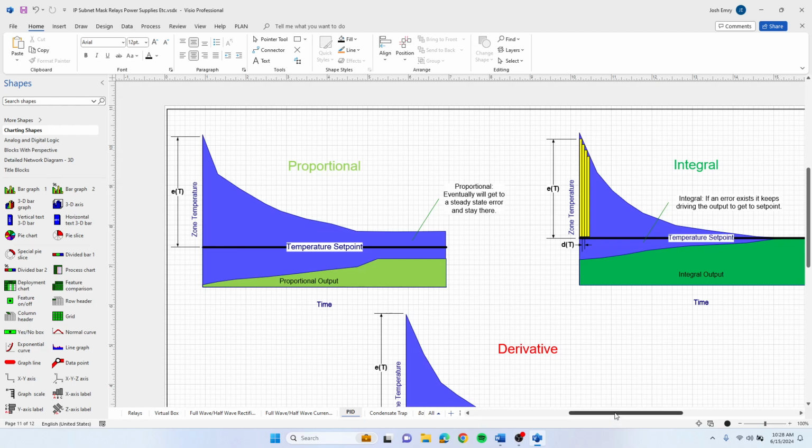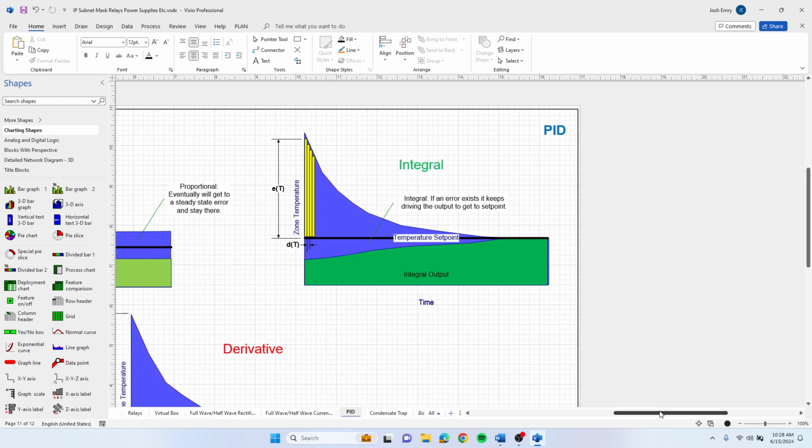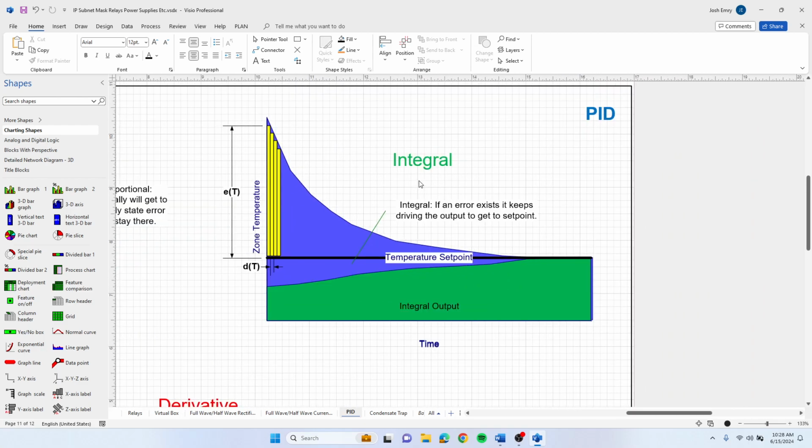That is where your integral term comes in, and this was the most confusing part to me, mainly because it had an integral symbol and I had no idea what that was. You're still looking at that error, but if you look at this dt, that is the error at that time. Say each one of these yellow columns represents 60 seconds. At the first 60 seconds, I was this far away.